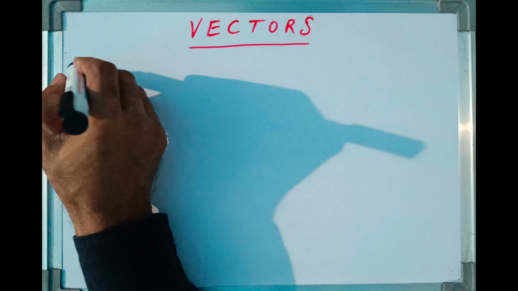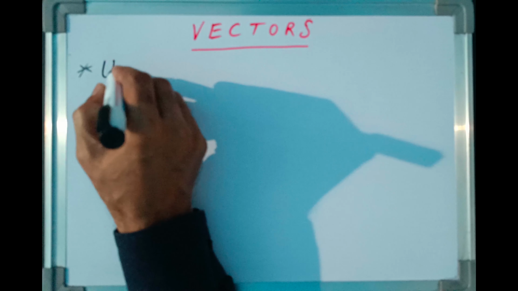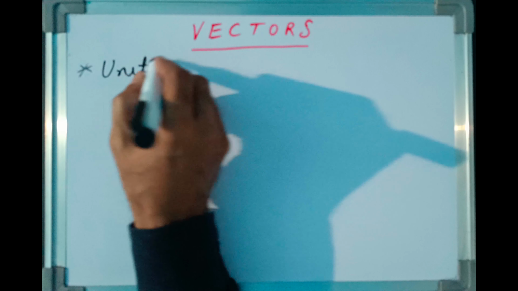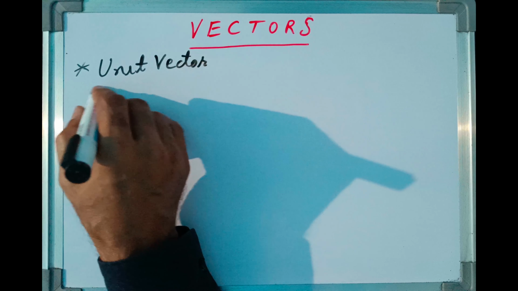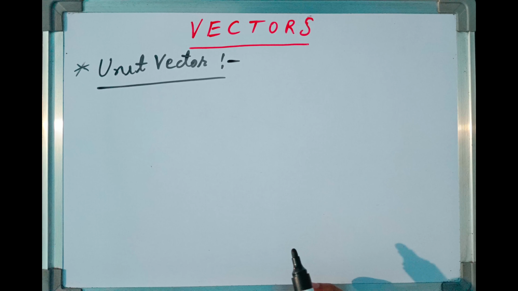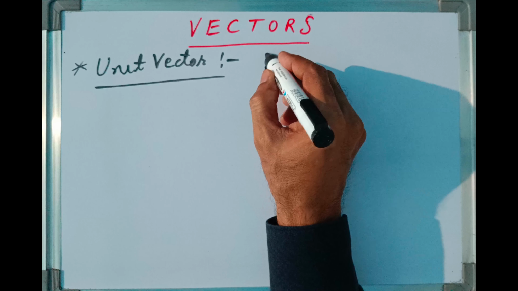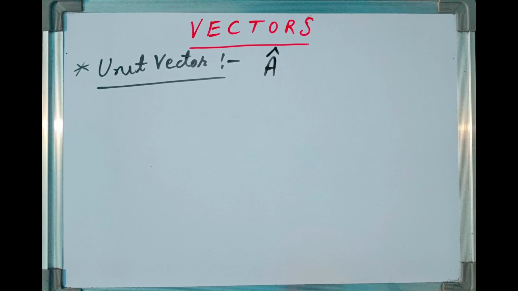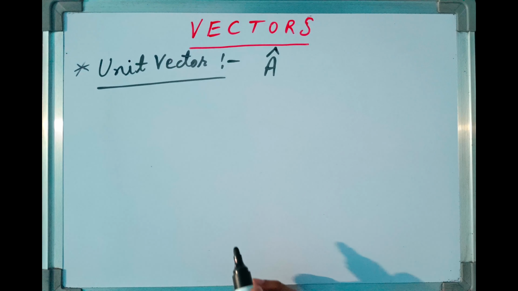Next point I want to share is what is meant by a unit vector. It is a special type of vector whose magnitude is 1 and it is denoted as A with a cap overhead. Now the question is, what is the definition of unit vector?